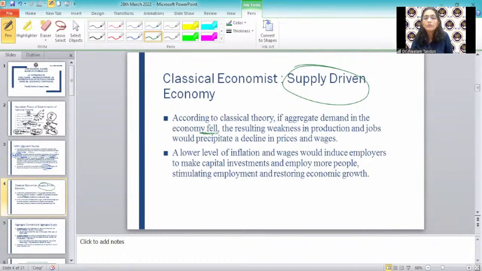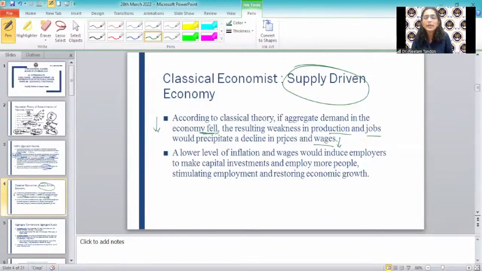If aggregate demand reduces, it results in a decrease in production. Obviously, if consumers are not demanding, producers are not producing. If they are not producing, why should they have more people? So jobs will reduce. Those who want to work will be ready to work at a lower salary. So jobs will be offered to those who want to work at less salary, so wages will reduce.